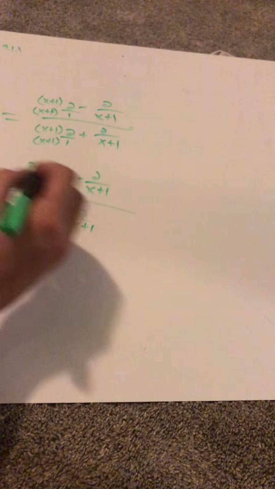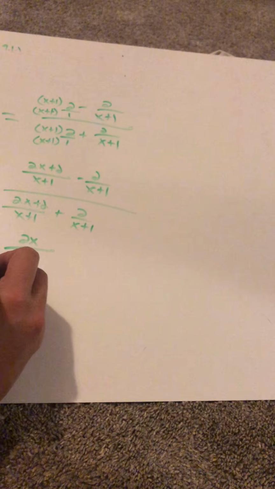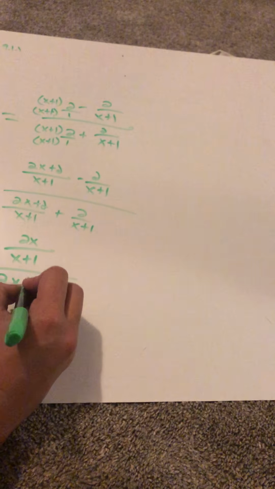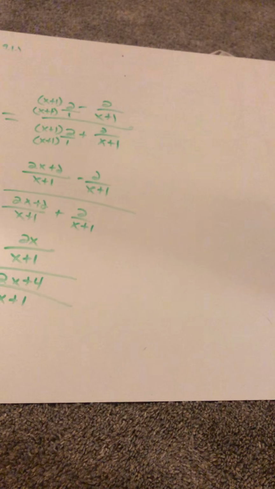Let me kind of help you differentiate between these things. Over, alright, 2x plus 2 makes 2x plus 4 over x plus 1. Alright, so now remember that a fraction bar is just division.